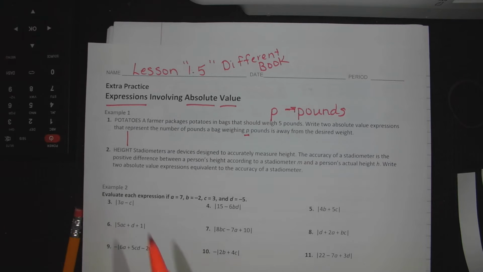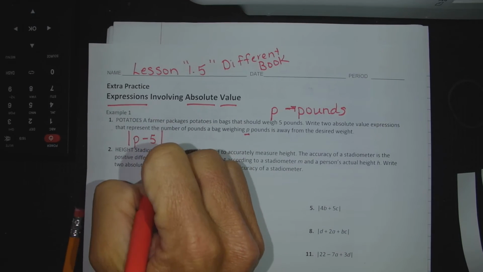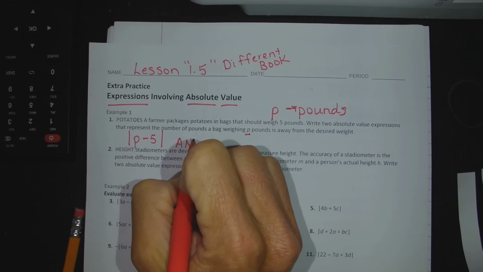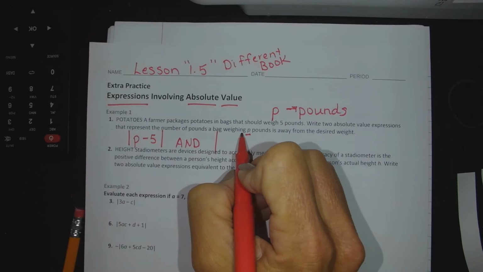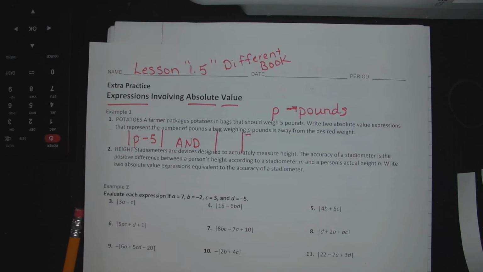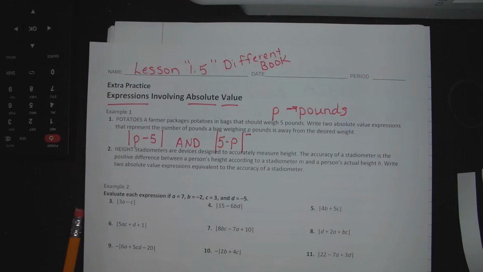So I'll give you one. If I have P minus 5, what's the other? I'm just going to give it to you. Y'all are looking at me like I'm crazy.